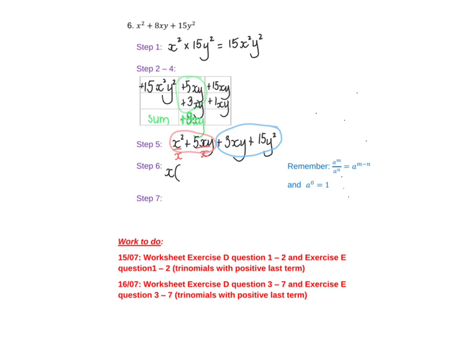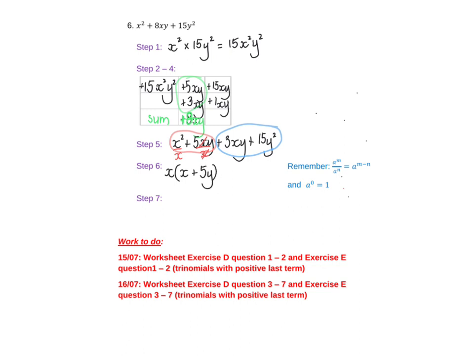And if I divide the first term, x squared, by x, the remaining answer would be x. And then for the next step, if I divide 5xy by x, the x will divide by the x and become 1. So it's just 5y times 1 remaining. And you know that we just then write 5y.